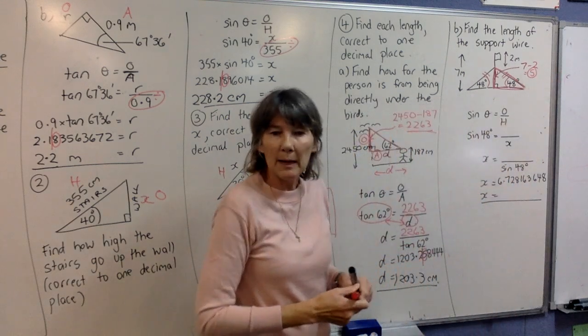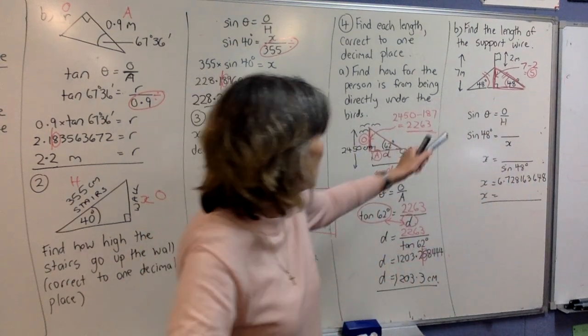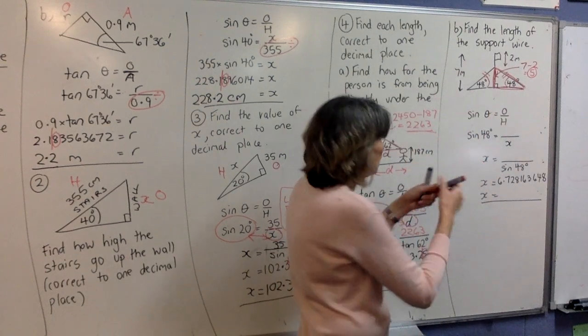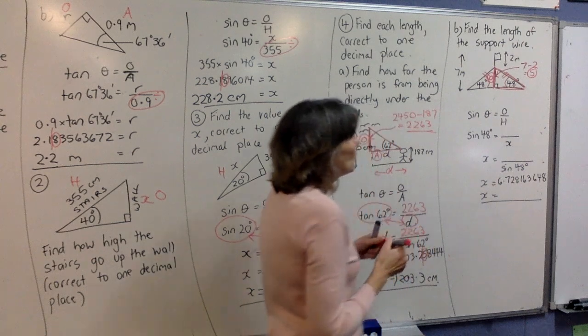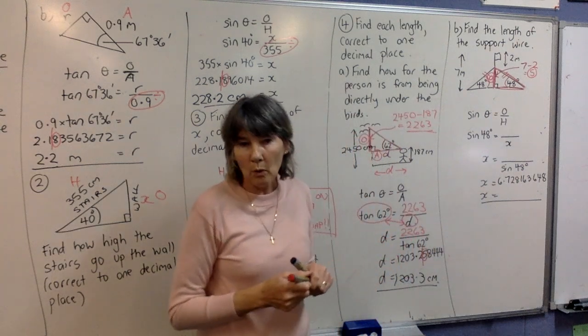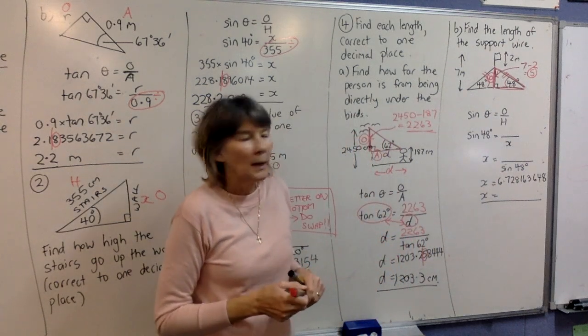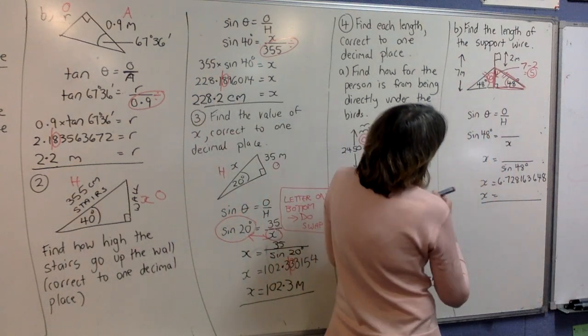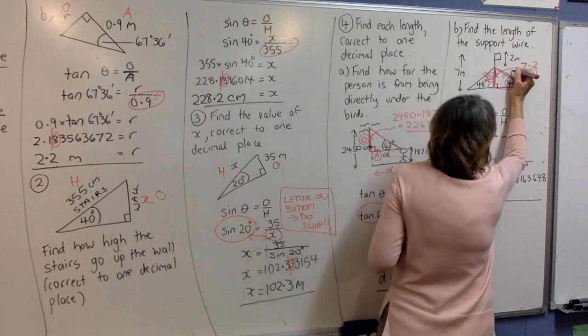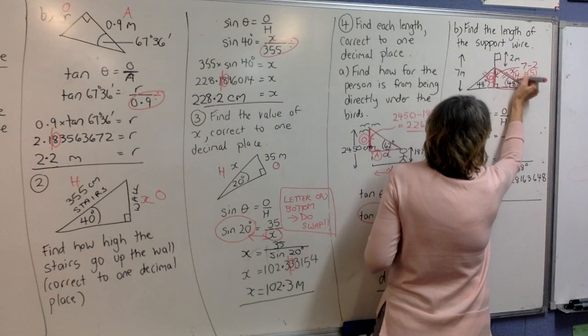All right, now if we label that side, it is opposite the 48 degrees. So we have an opposite side there. And we're finding the length of the support wire of this flagpole. Okay, so that's this bit here, the length of the wire. So we're going to call that X, and that would be your hypotenuse.